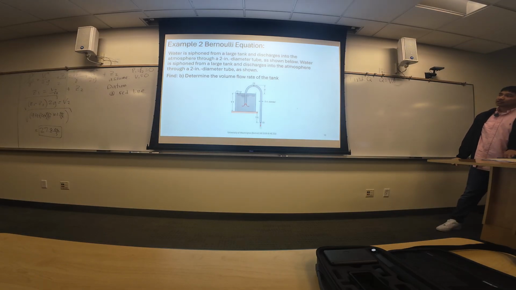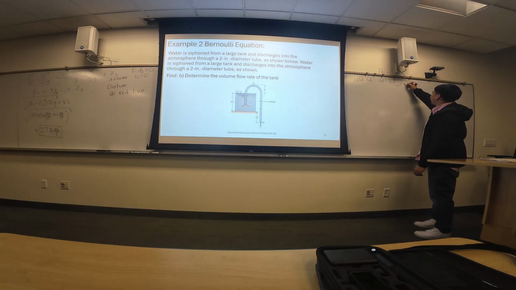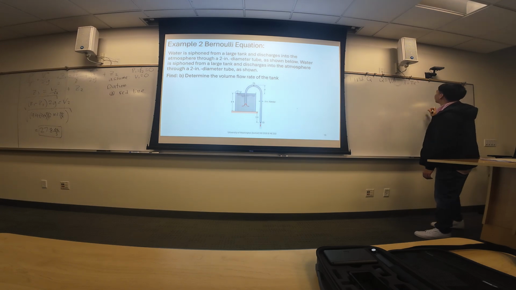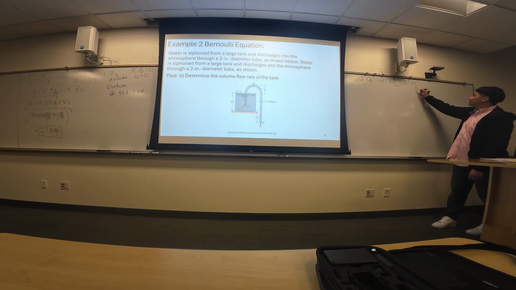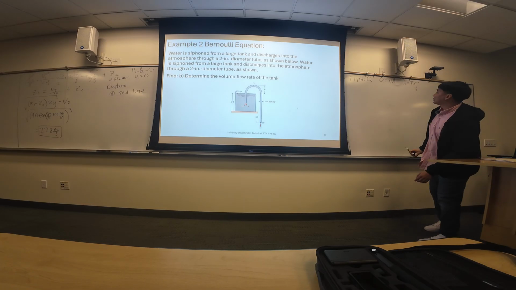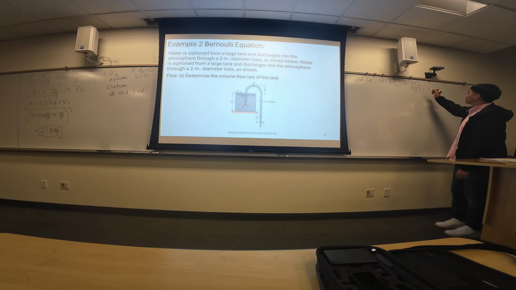Okay, so that's pretty simple, right? So we have our velocity already over there. A is equal to pi r squared. Right, if you do d divided by 2, because we have diameter, right? Yeah, we have diameter, so squared.